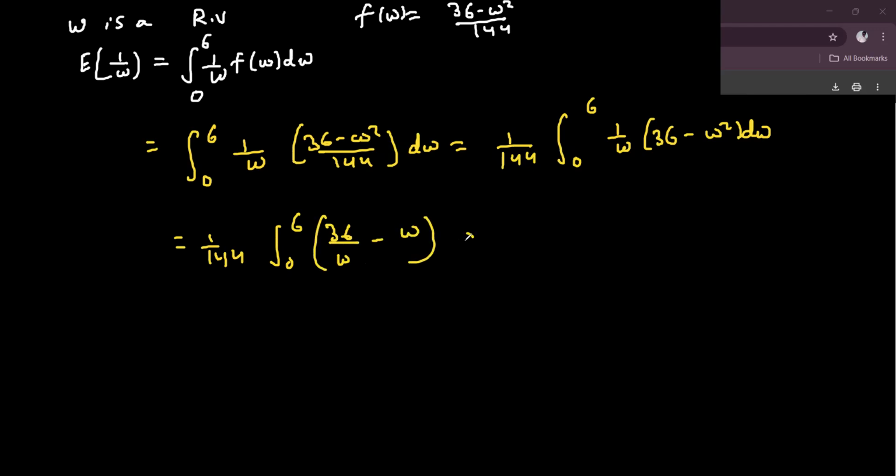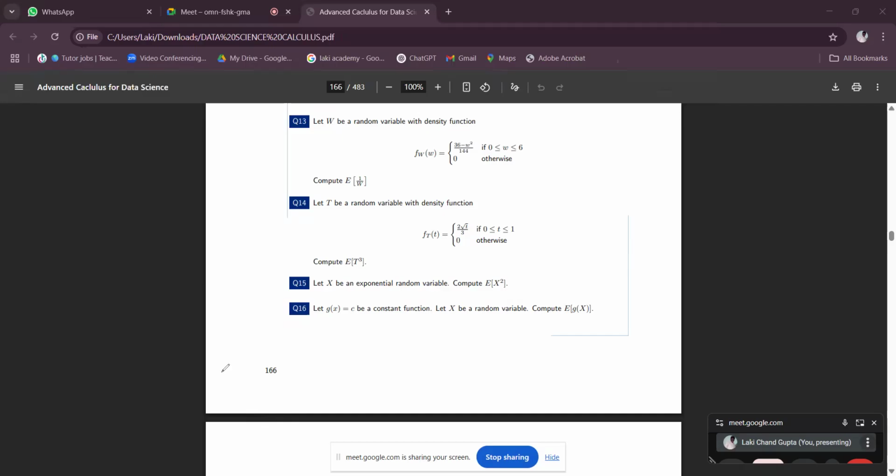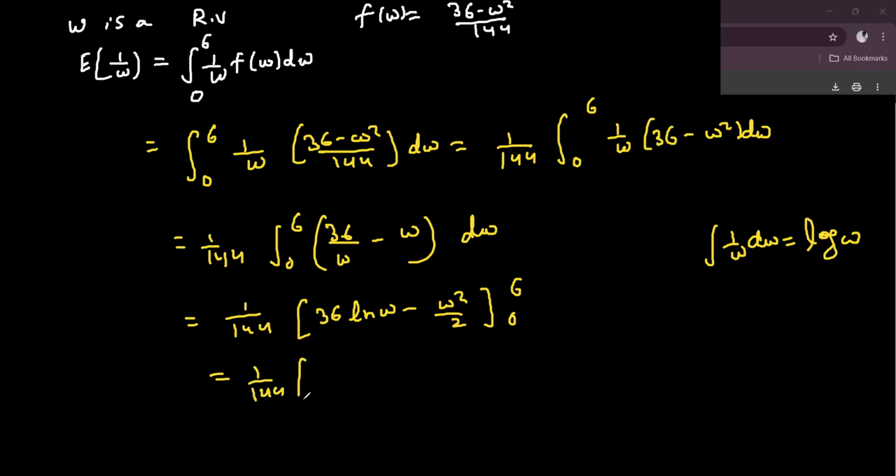The integration of 1 upon w is log w, and this is w square over 2. You know the integration of 1 upon w is log w. Put the upper limit. Now put the lower limit.